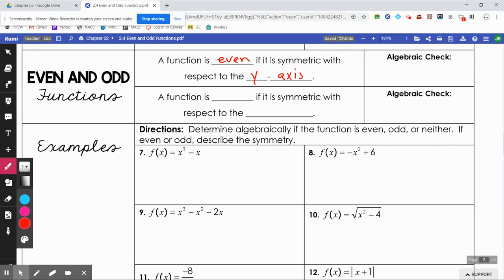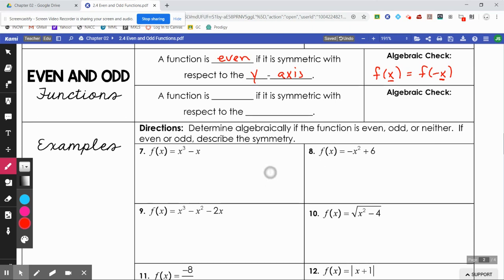The algebraic check: we've already had one algebraic check that says it has y-axis symmetry if you can replace x with negative x. Let's write that in a more mathematically friendly way. If f of x is equal to f of negative x, which means the exact same thing. If f of x, putting x in, is the same thing as putting negative x in, then it's going to be an even function. If replacing x with negative x gives you the same function, it's even.